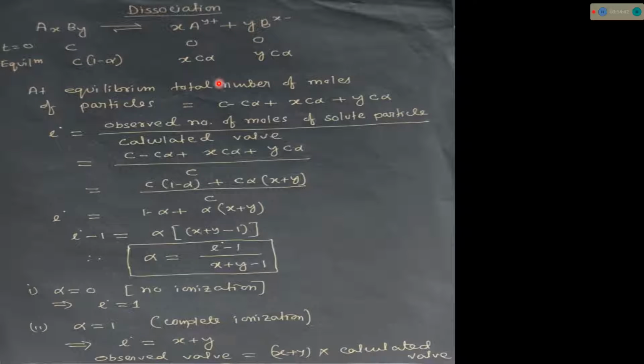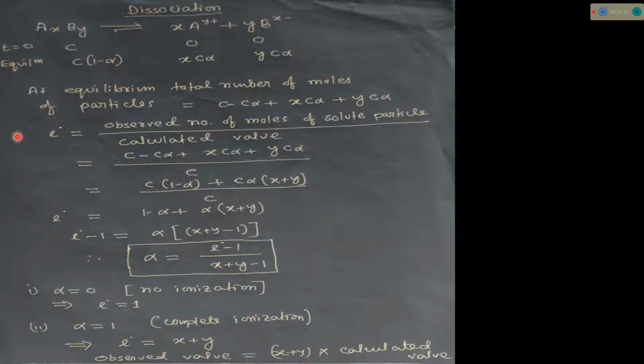Now if alpha is the degree of dissociation, at equilibrium the AxBy solute concentration or mole number is C into (1 minus alpha), that is C minus C alpha. Since x moles of A form and y moles of B form, at equilibrium the mole numbers are x into C alpha and y into C alpha. So at equilibrium, the total number of moles.